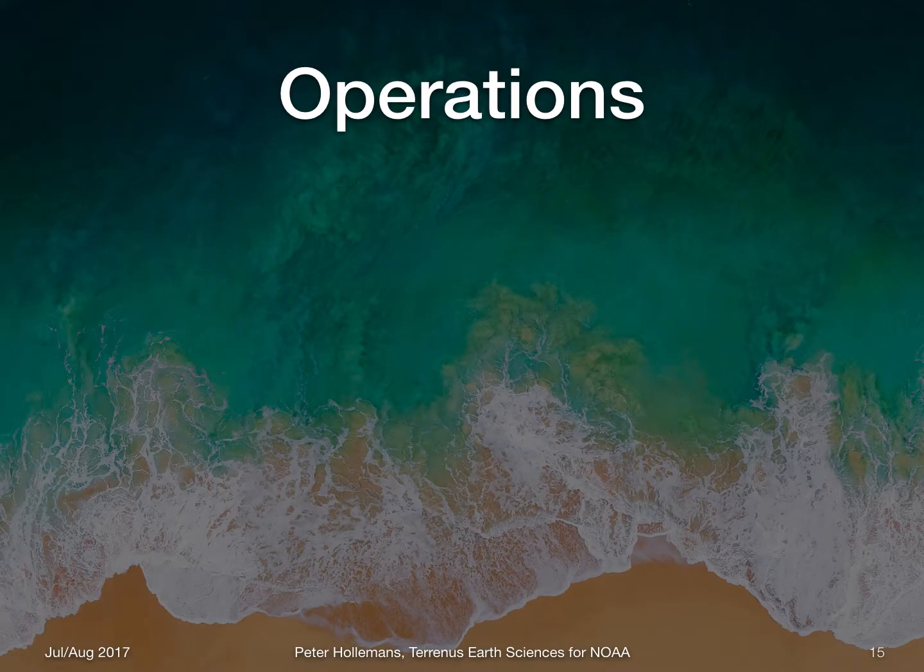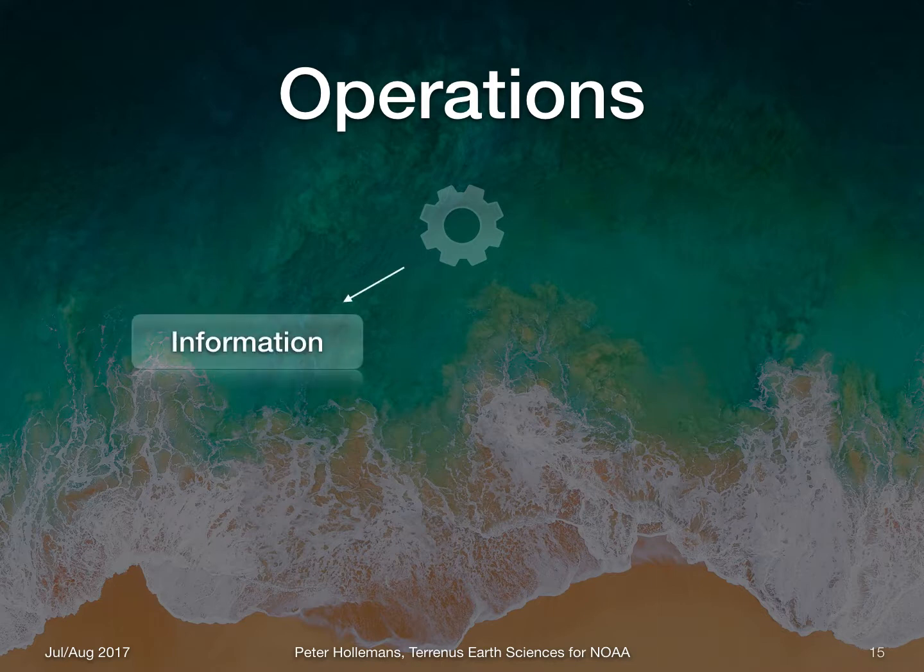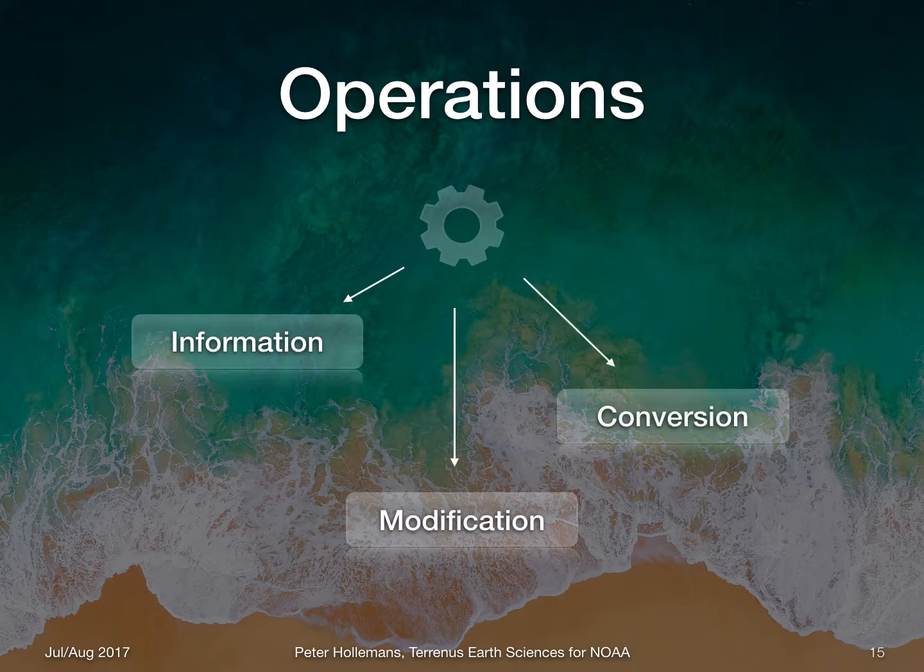Now, I like to think of the functionality of the utilities as being divided into separate operations on the data. Information operations to extract information from data sets, modification to modify existing data and create new data, and then conversion tools to export the data to other formats.